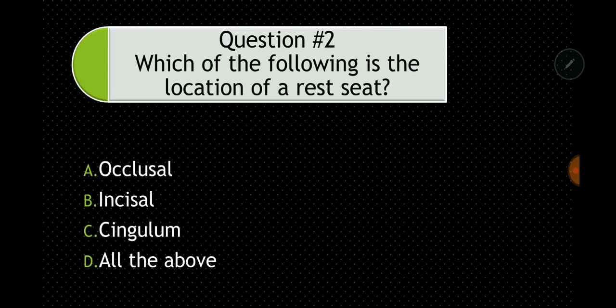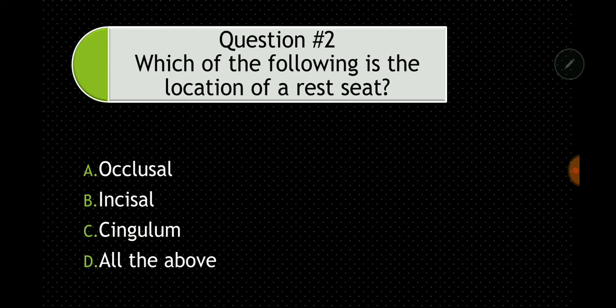Question number 2. Which of the following is the location of a rest seat? A, occlusal, B, incisal, C, cingulum, or D, all of the above. In other words, where can you put a rest seat on a removable partial denture?